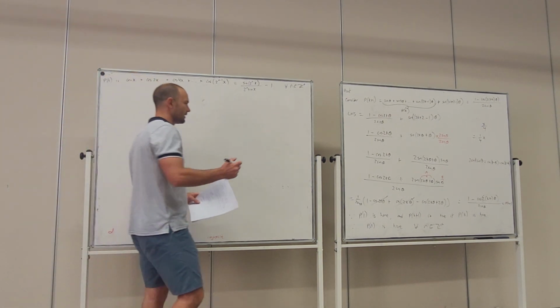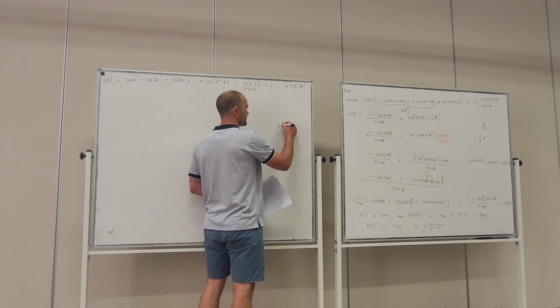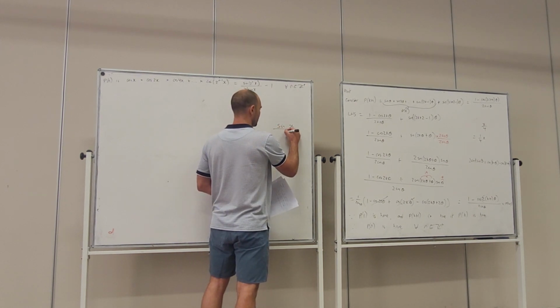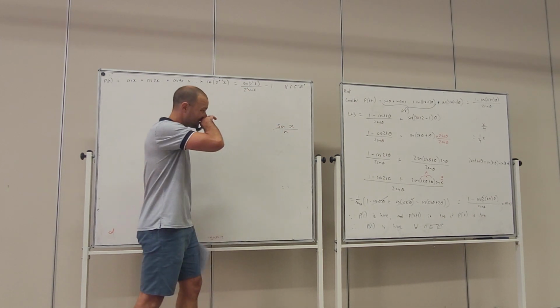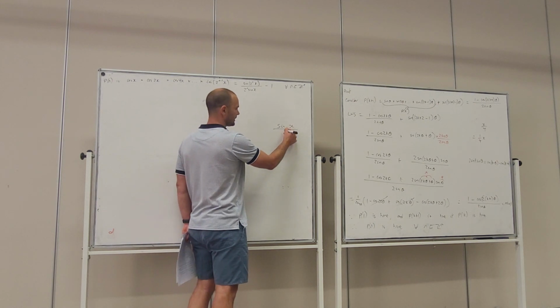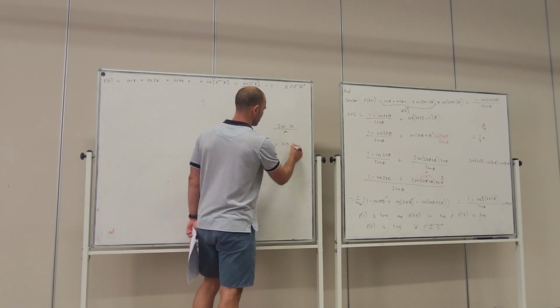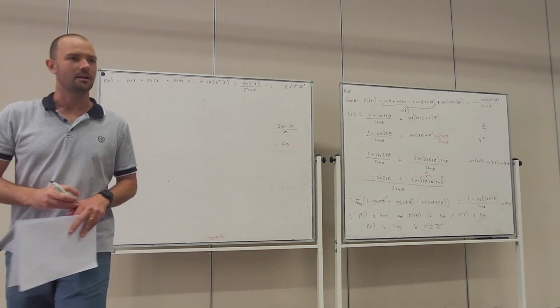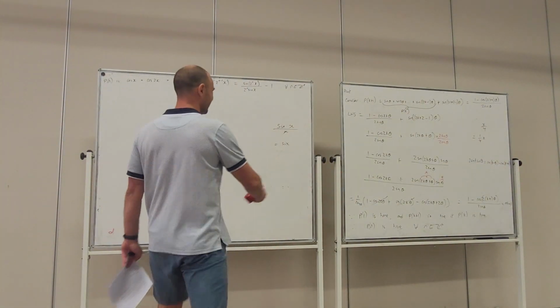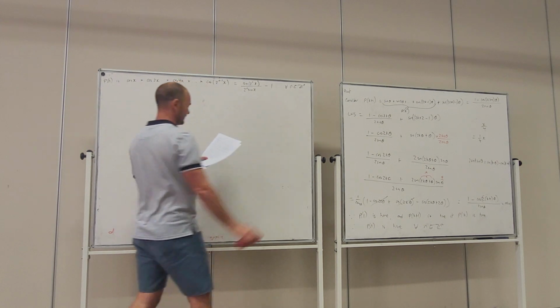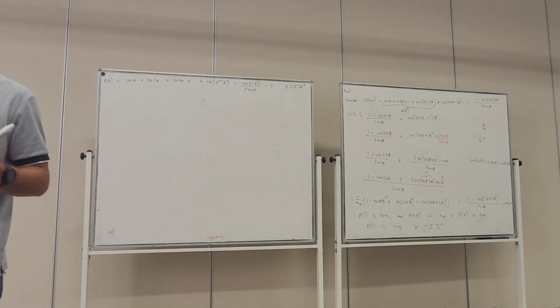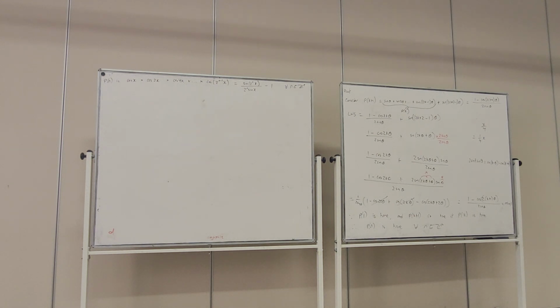Now, have you guys seen this one before? If you have sine of x divided by n, there's a quick way you can simplify this. You've got n at the top, n at the bottom, you can cancel it. Sorry, we're doing question 2, aren't we?